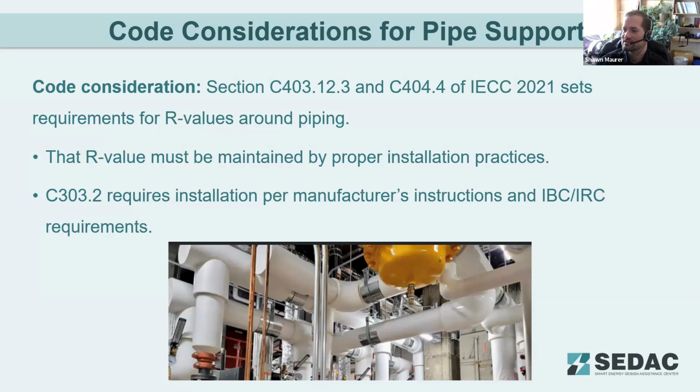There is one exception, where vertical supports are supplied for water piping, to maintain the pipe location and not let it shake around, where you can have a clamp directly on the pipe that goes through the insulation. Otherwise, in all other instances, you have to have a saddle in place to support the weight of the pipe without crushing the insulation.